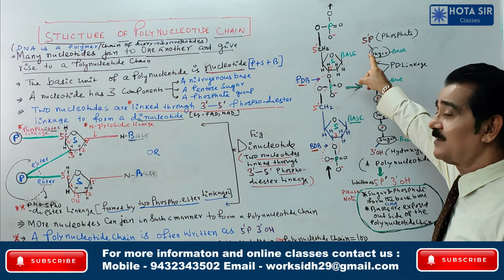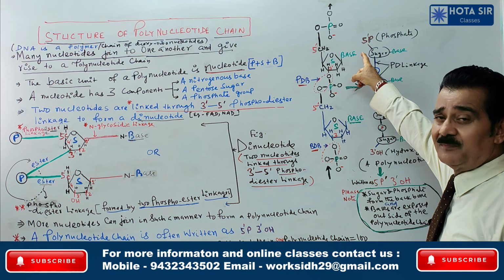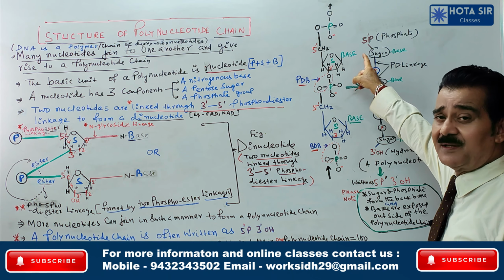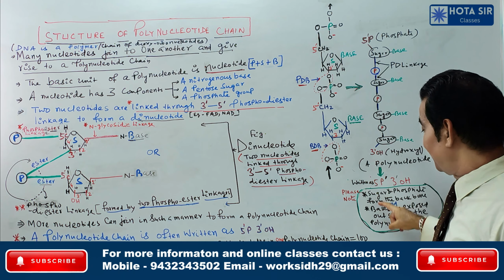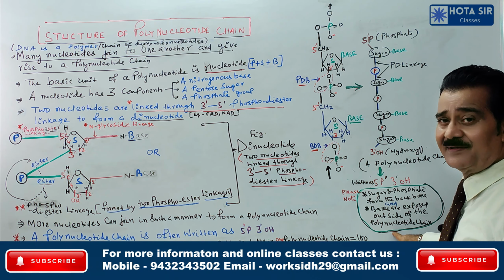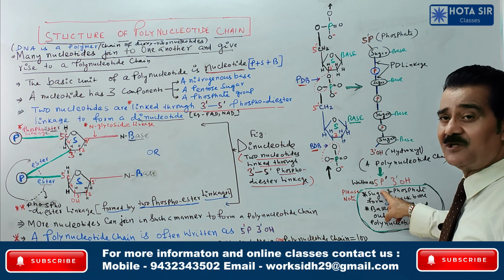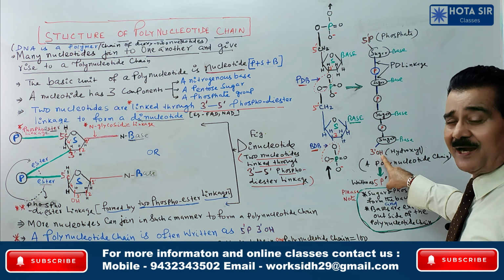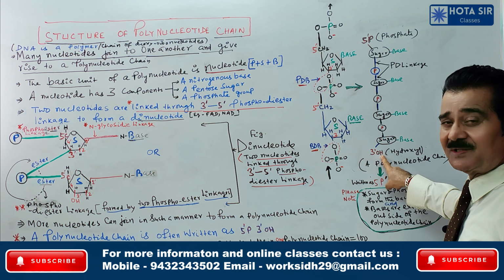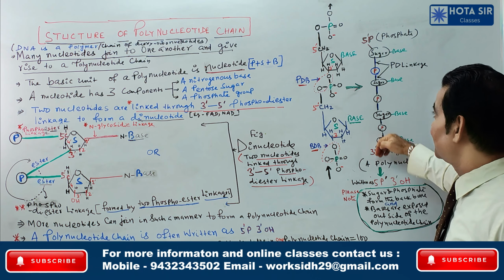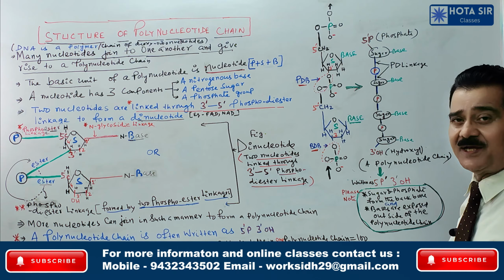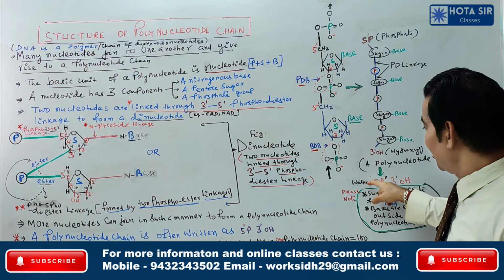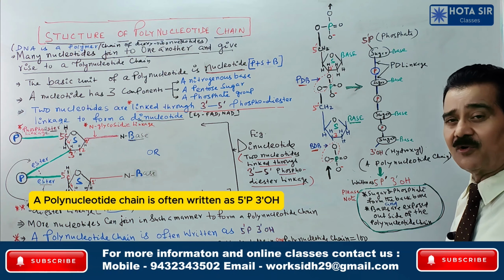So at one end there will be 5' phosphate, meaning the phosphate is attached to the 5 carbon of the sugar molecule, and at the last end there is a hydroxyl group, that is 3'OH, meaning the hydroxyl group is attached to the 3 carbon of the sugar. So these are two ends of the polynucleotide chain. The terminal end has the phosphate and the basal end has the hydroxyl group.